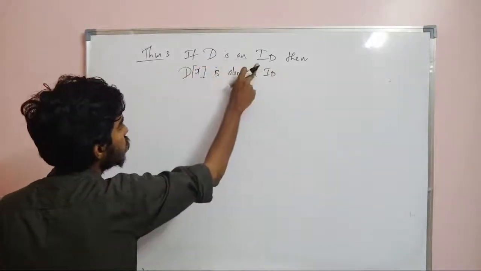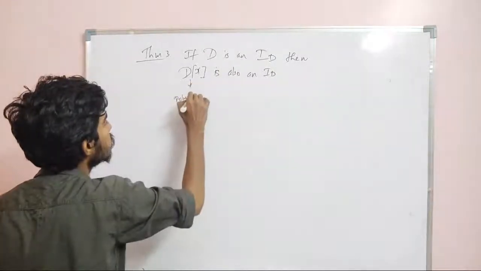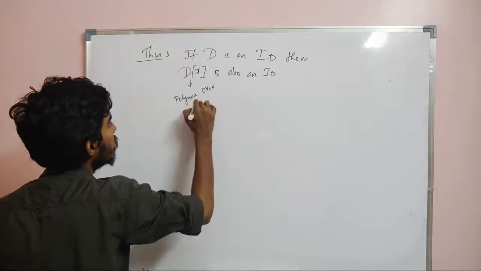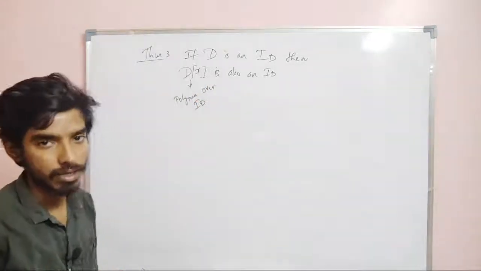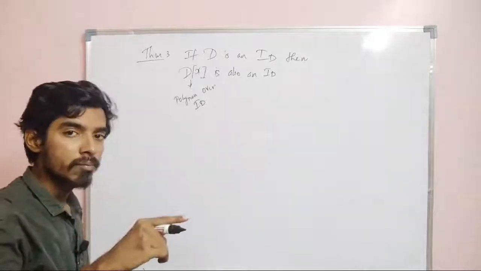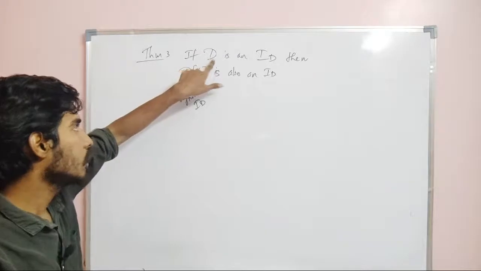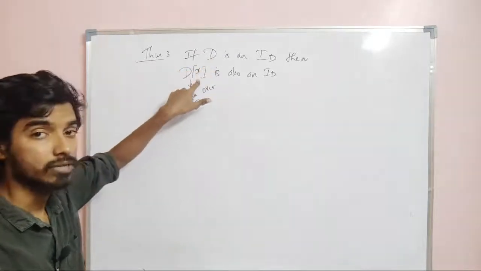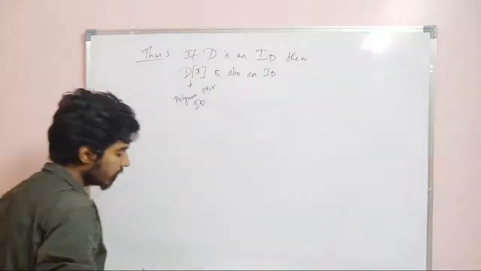If D is an integral domain, then D of x, that is polynomial over integral domain. In the previous theorem, polynomial over ring is a ring. Polynomial over integral domain is an integral domain. So whatever integral domain you choose, and you form a polynomial ring, with the coefficients you are taking from D, that is also an integral domain.